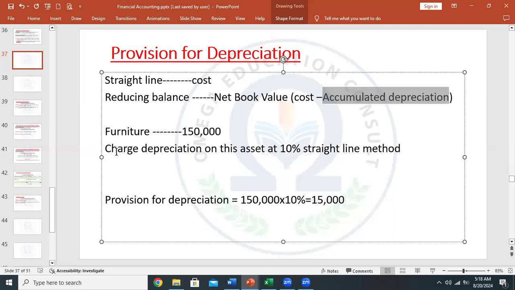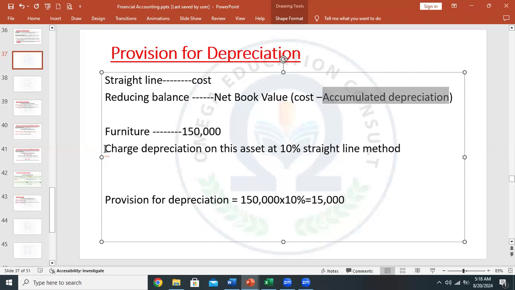So let me again use this same scenario so that we can get a better picture of it. It is a topic that we have to do in detail. Provision for depreciation is a topic, but we are now looking at it just under the sole proprietor. So I don't want to give you a lot of information to confuse you.